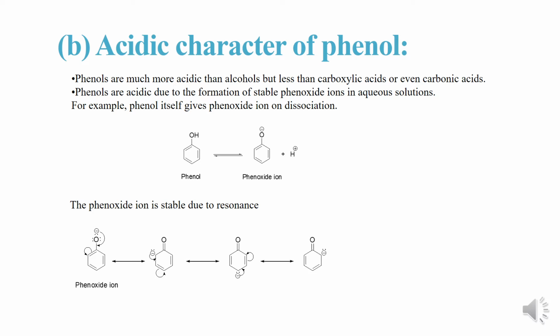Let us move on to the acidic character of phenol. The acidic character of phenols is discussed with the help of pKa values. Phenols are much more acidic than alcohols, but less acidic than carboxylic acids or even carbonic acid.